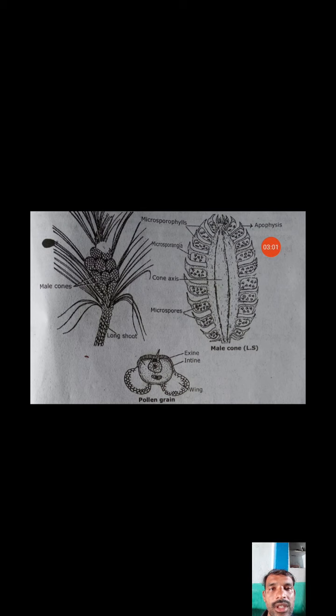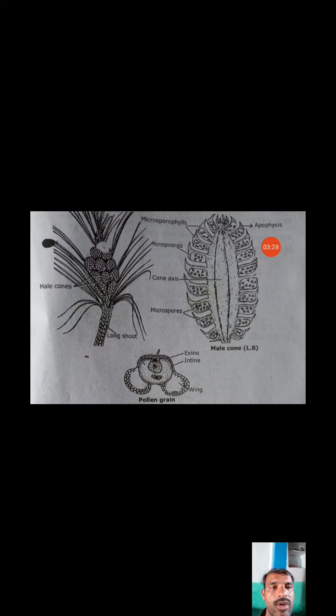At the tip of the microsporophyll there is a specialized structure, the extended end part of the leaf, called the apophysis. It is sterile and turns upward to cover the microsporangia of the entire sporophyll. In the male cone, the microsporophylls are horizontally arranged on the axis.